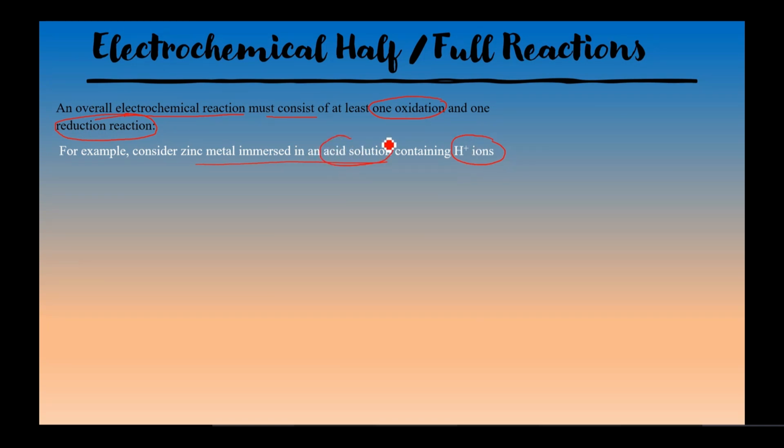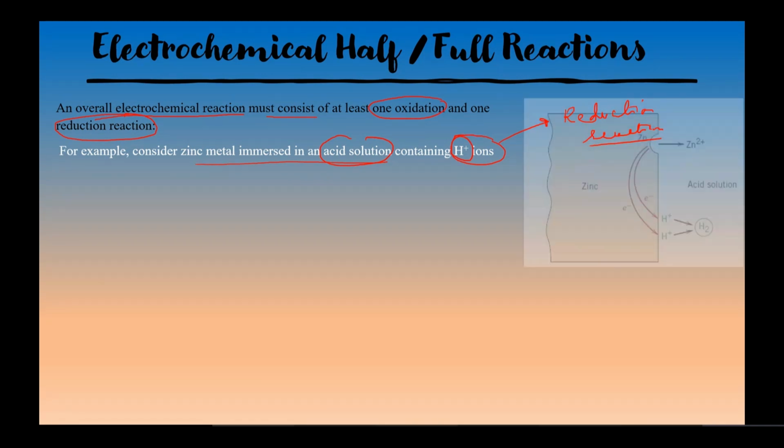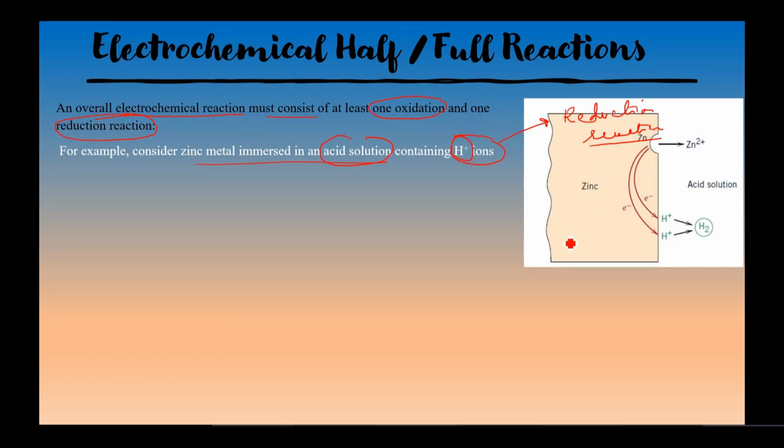The acidic environment and the presence of H+ ions are defined so that you can write the reduction reaction, because there are different kinds of reduction reactions that have been discussed. Zinc metal going to Zn2+ requires losing two electrons. This is the anodic or oxidation reaction.